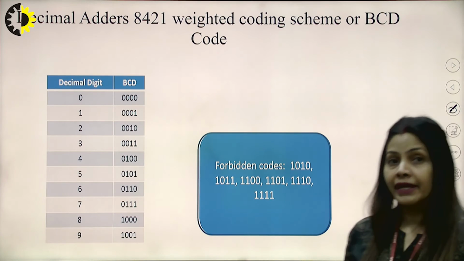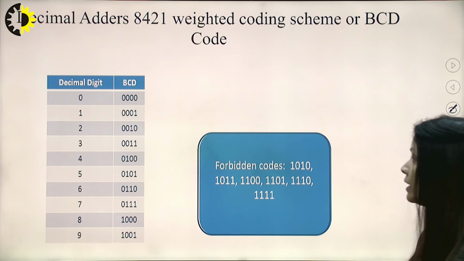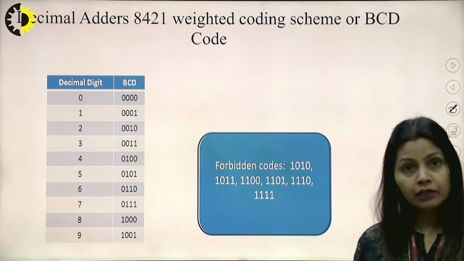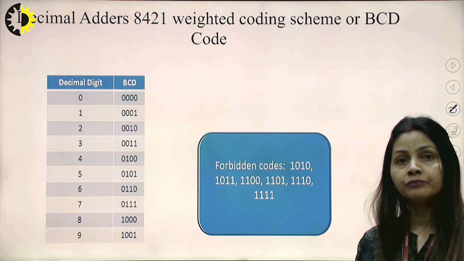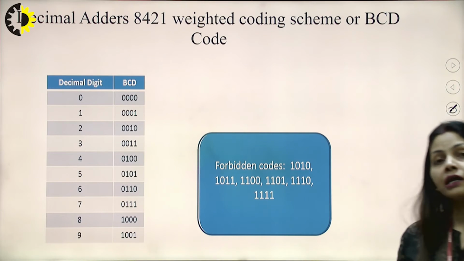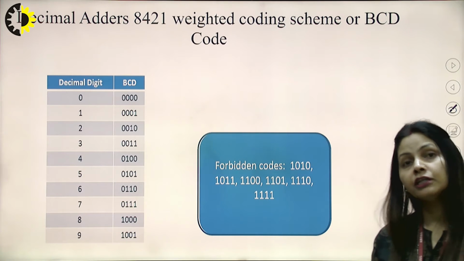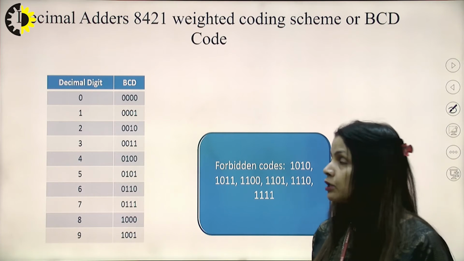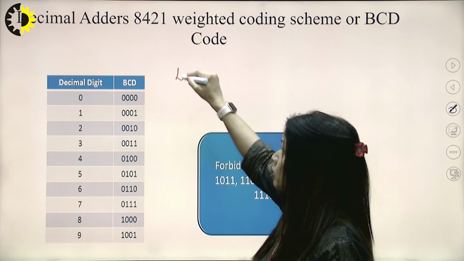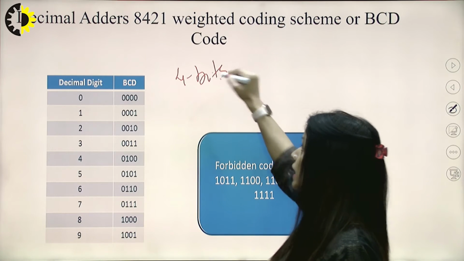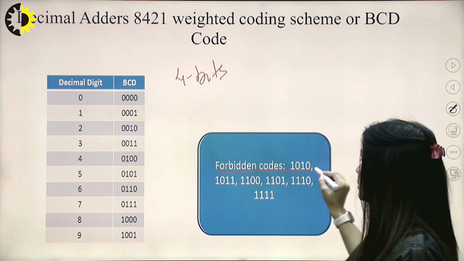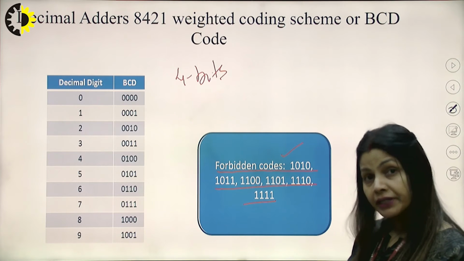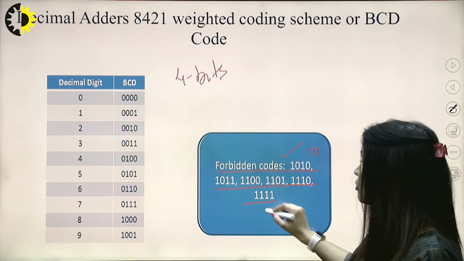Now coming to the next topic, the BCD adder. We are very well aware of the BCD codes from 0 to 9. They are given by 4 bits, and in the BCD code we have 6 forbidden codes, from 10 to 15.